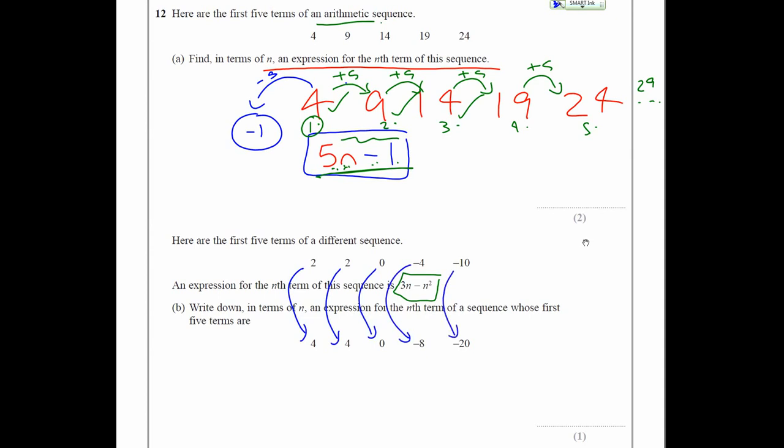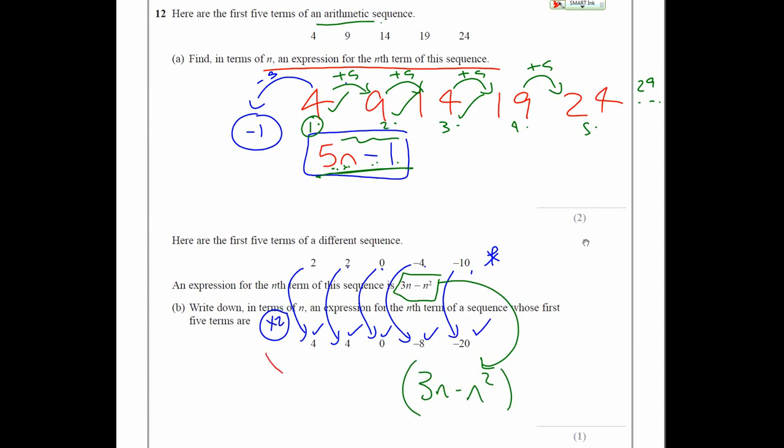We can cheat. We can start with this formula, and if we times by 2, we get the new one. Times 2, times 2, times 2, times 2. So we're going to take our old formula here, and we're going to times the whole thing by 2.